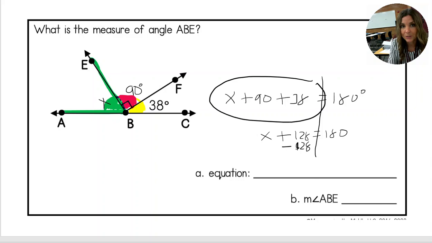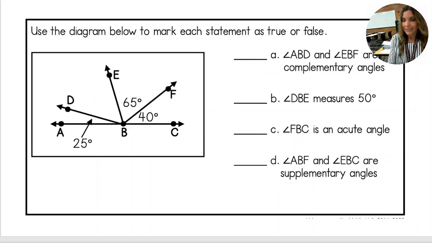We want to create a 0 pair right here. So I'm going to subtract 128, and I end up with x being equal to 52 degrees. So the measure of angle ABD is 52 degrees. My equation is x plus 90 plus 38 equals 180.